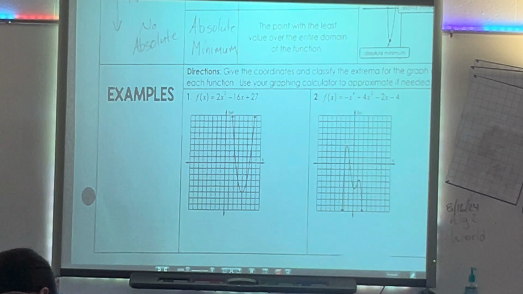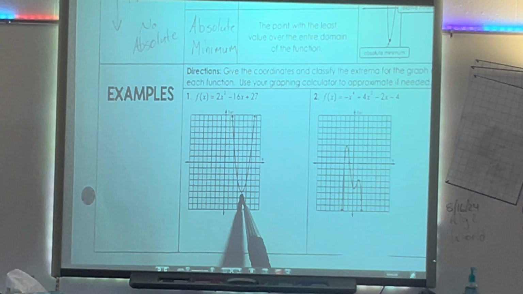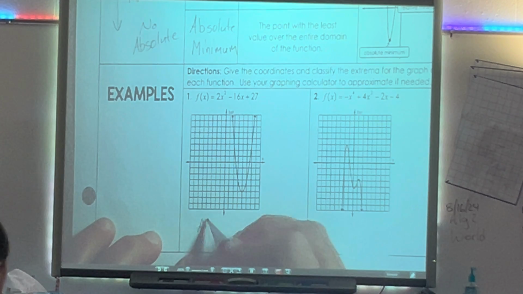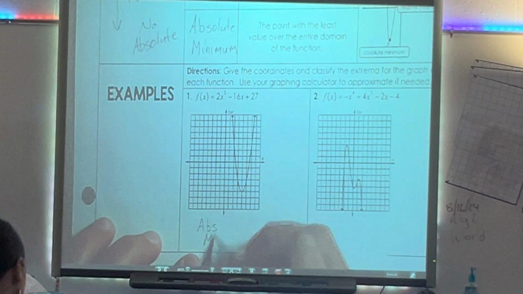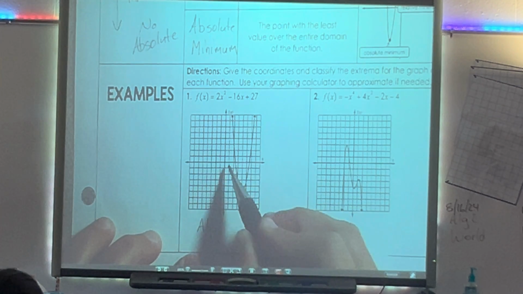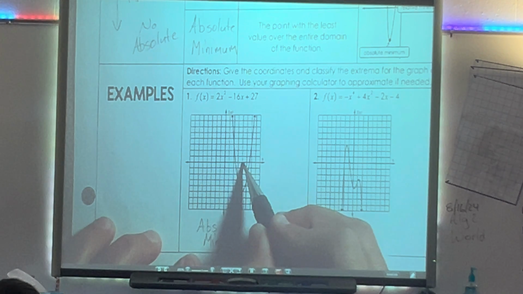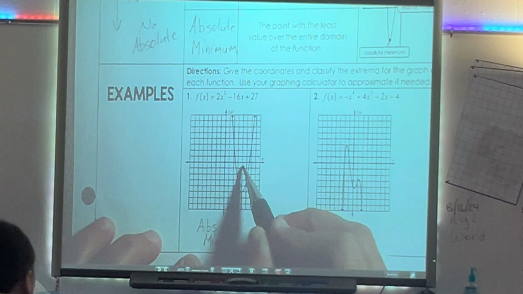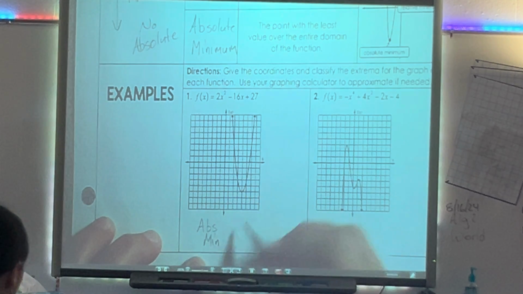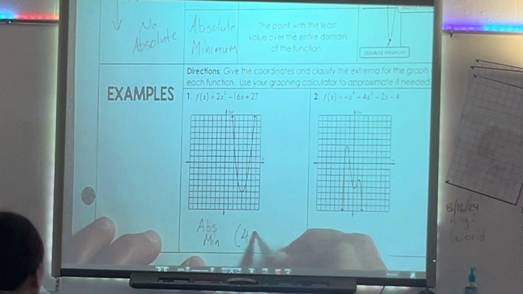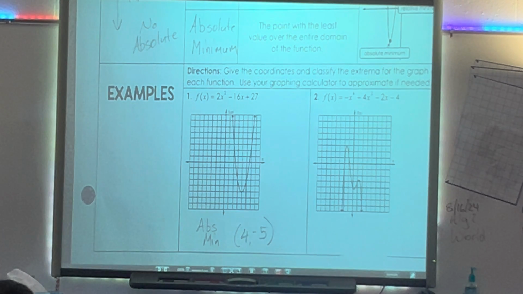Okay. Alright, so if we look at this, we're going to use your calculators to do this, although this one's pretty straightforward. We can tell what it is. So it would be an absolute minimum, and it looks like it's at 4 and -5. So that one's pretty obvious.